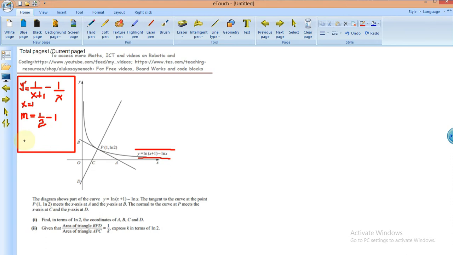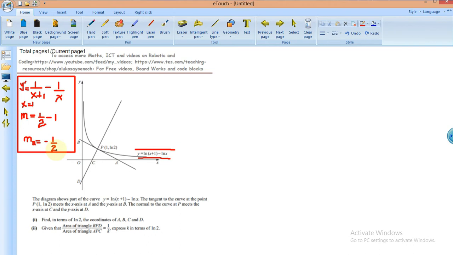So eventually we have the gradient of the curve. Let's take it as mA. So mA will be minus half. That is the gradient of the curve.